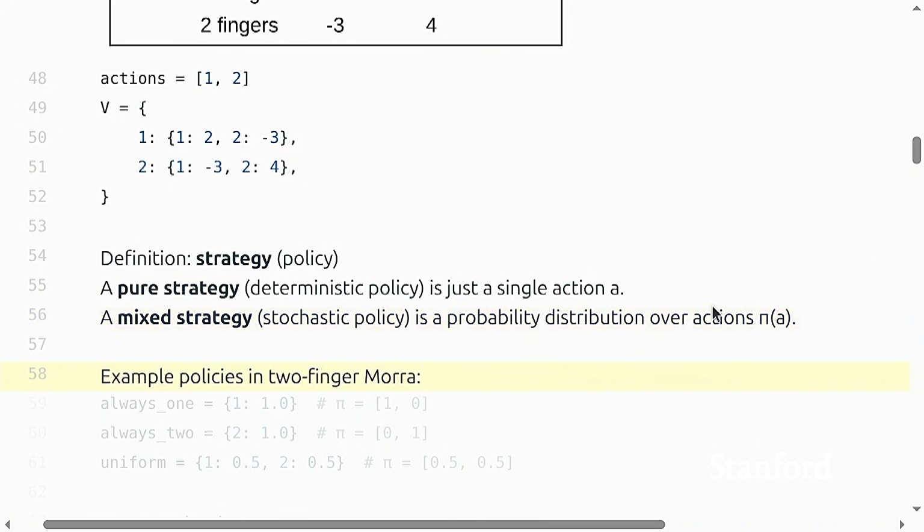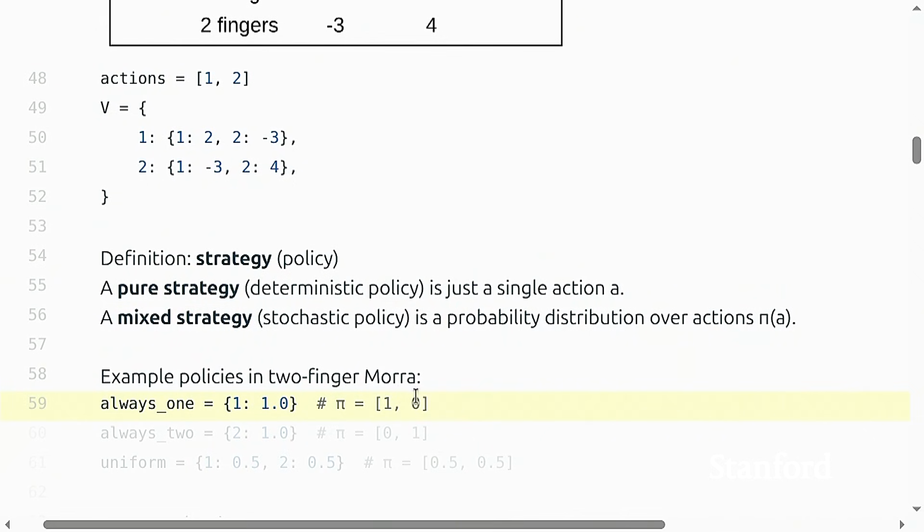So for example, in two-finger Mora, always 1 is a strategy. This means for the action 1 finger, I'm going to have probability 1. Another way I'm going to write that in math is pi, the policy, is a vector of probabilities of each action. So for 1, I have probability 1.